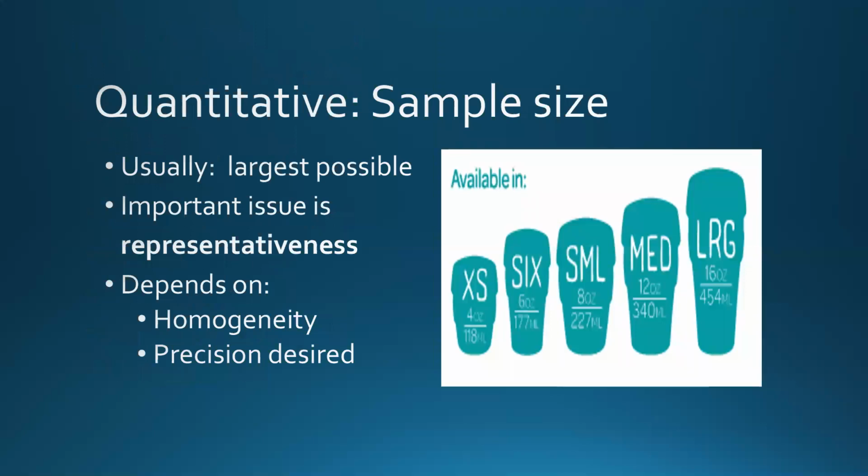In quantitative studies, when we look at sample, the largest possible sample is usually the best. And the main issue of the sample size is that it represents the population, and it's very important in quantitative studies that the sample is all very similar.